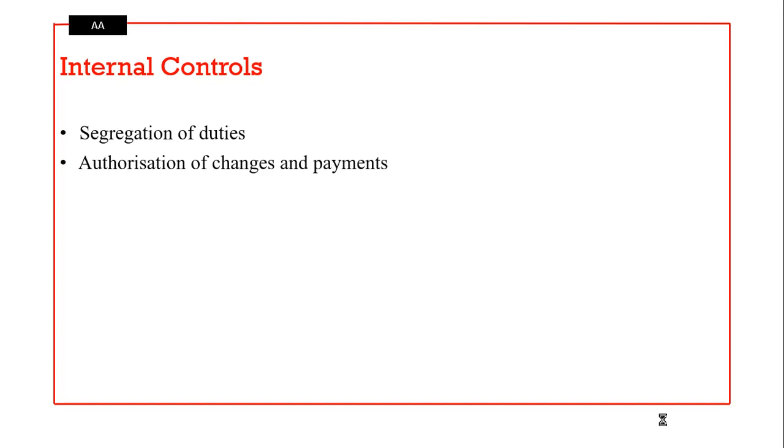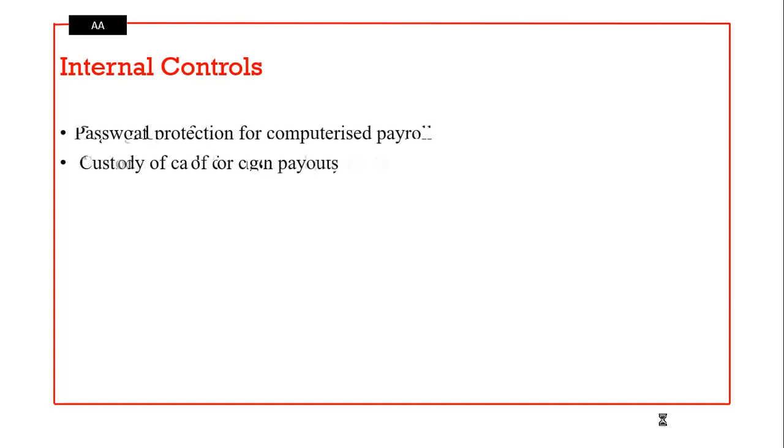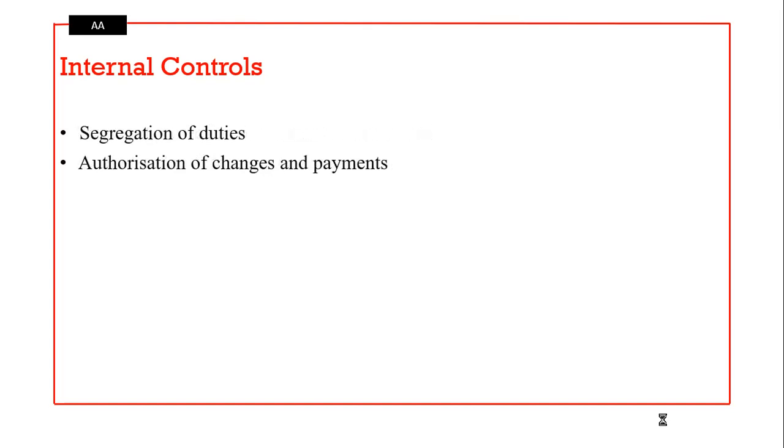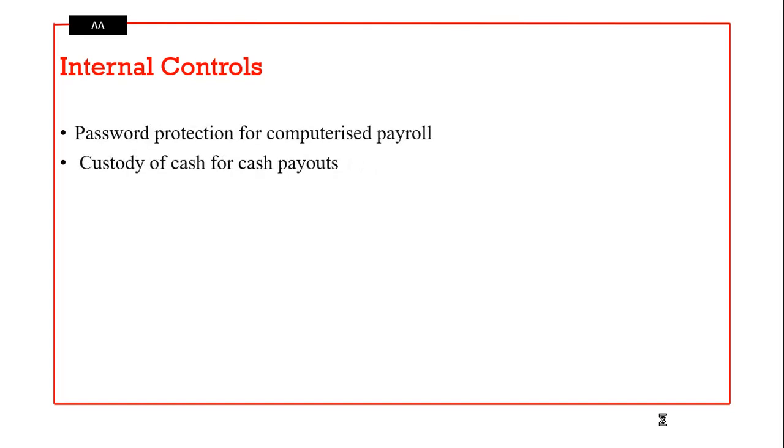So at the end of the month, payroll inputs must be submitted to the human resource department and the accounts office accordingly. Okay, for joiners and leavers, and of course salary increments and so on and so forth. Password protection for computerized payroll must be prioritized, and that there must be no unauthorized access to the payroll information by unauthorized third parties.